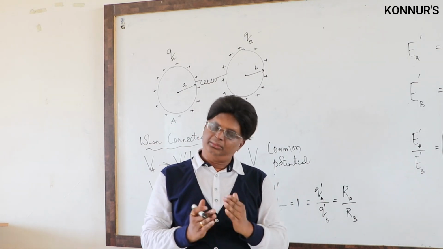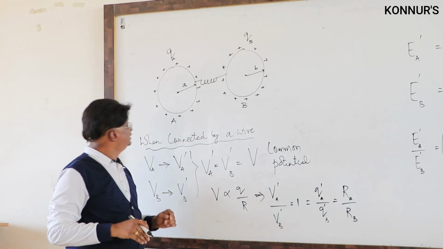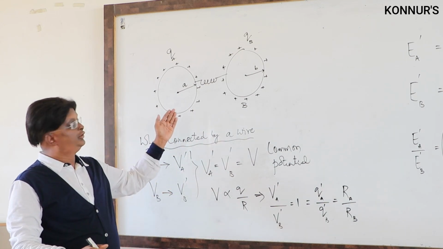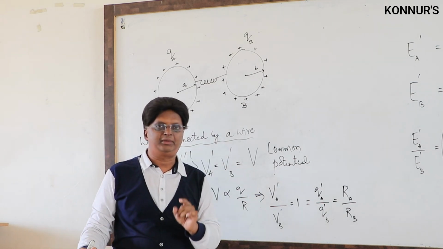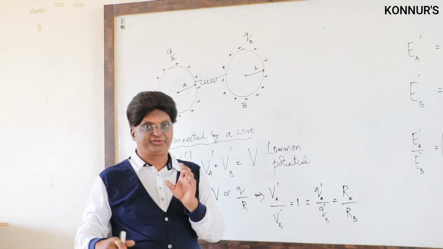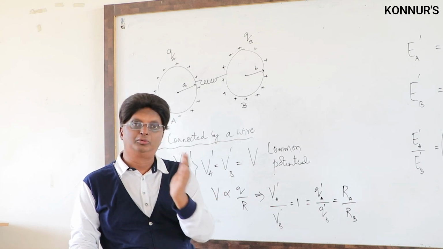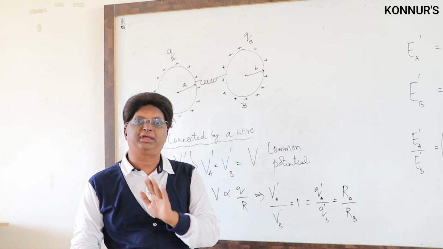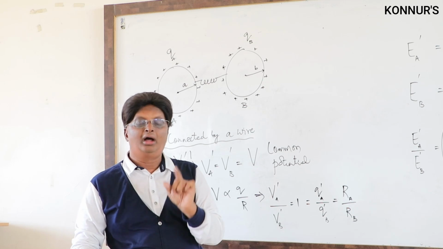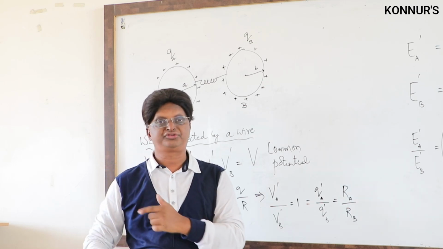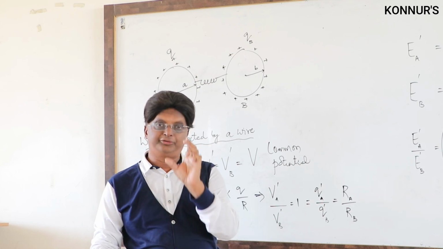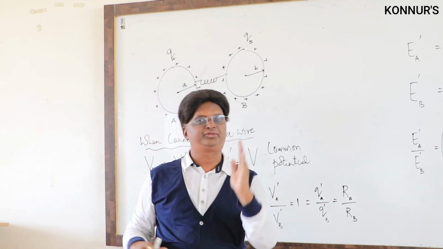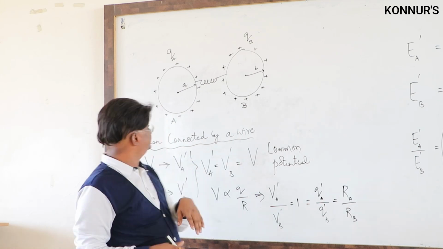Use the same kind of principle here. Remember, the flow of charges is not determined by the quantity of the charge. Flow from higher charge to lower charge never takes place. It is always from higher potential to lower potential. Nothing to do with the charge, nothing to do with the size. It's always potential that determines the direction of flow of charge.